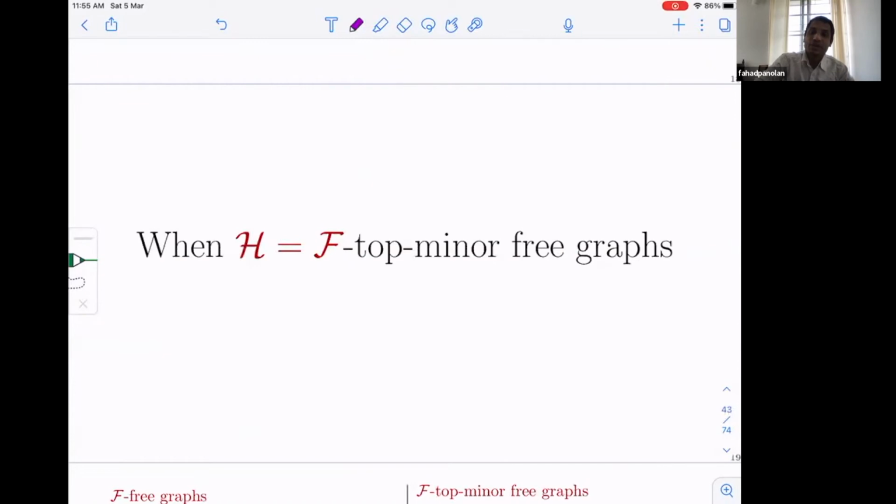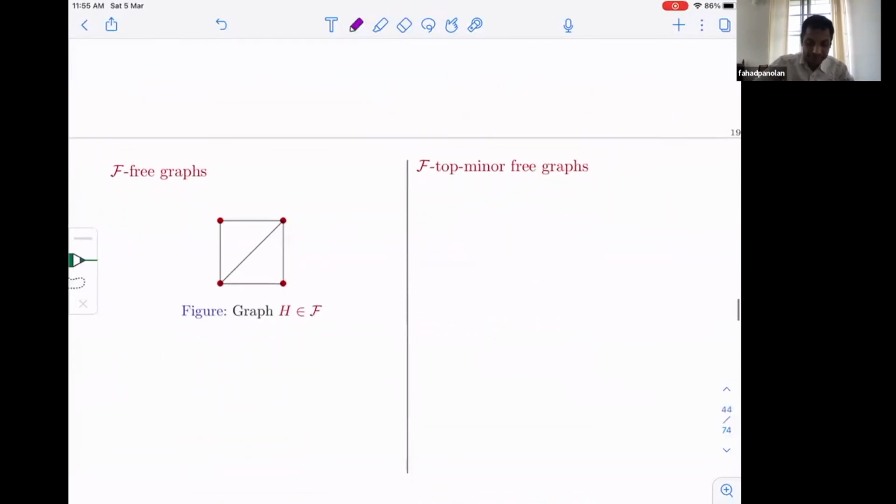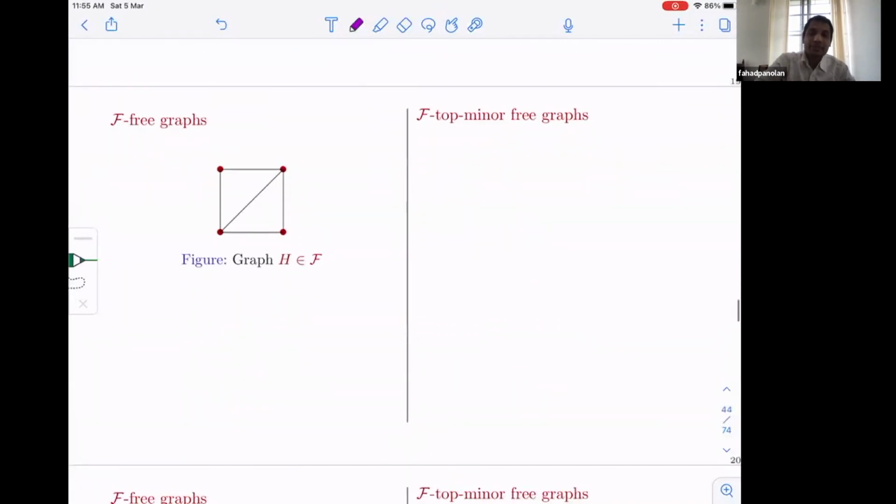Suppose F is a set of graphs, and we consider F topological minor free graphs. I will define these without going through the minor definitions. In F-free graphs, suppose H is a graph in F. We don't want this graph H as an induced subgraph in our graph.